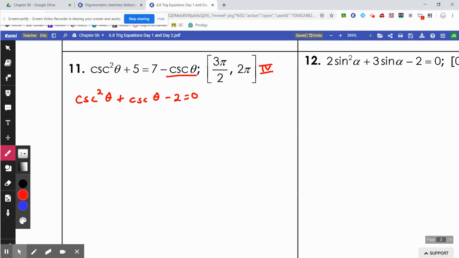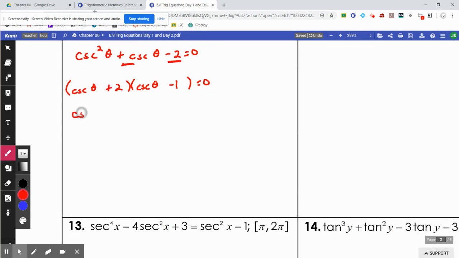So you're going to factor it just like it was x squared plus x minus 2. You're going to say what adds to give me this, multiplies to give me this. So two sets of parentheses, cosecant times itself, just like normally it would be x times itself. Adds, multiplies would be a positive 2 and a negative 1.